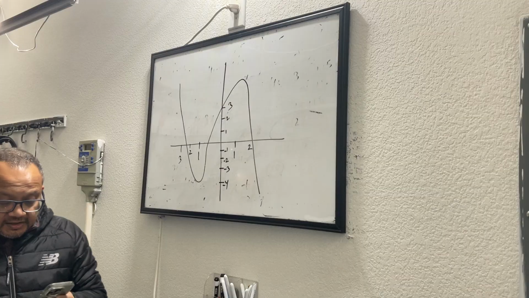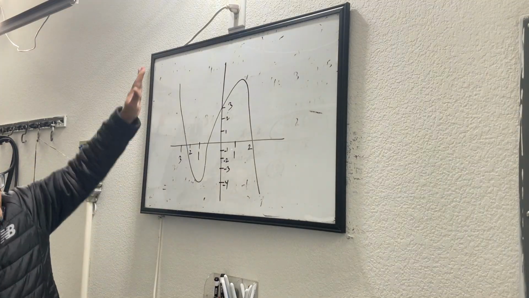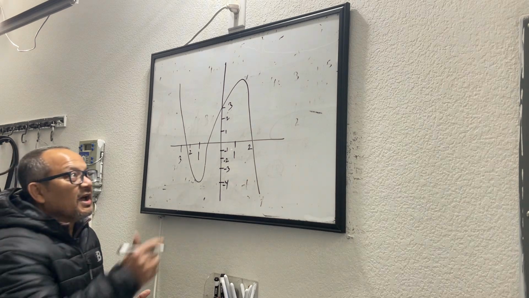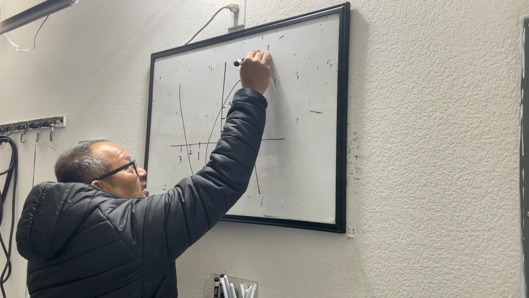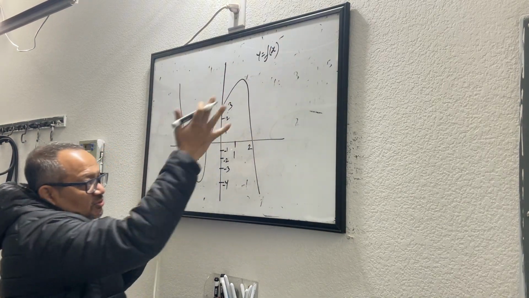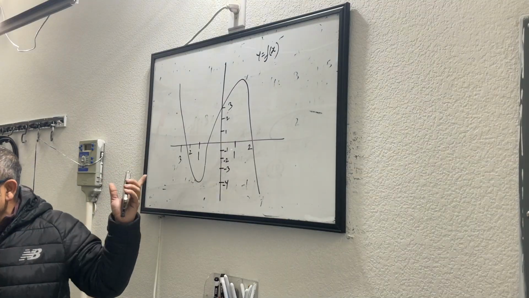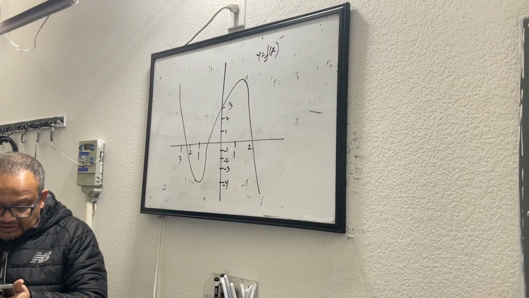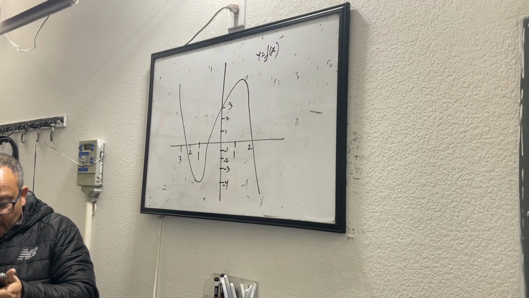Now, this graph is a polynomial graph. So you had a polynomial function y equals f of x, and that was some polynomial which plotted this for us. Now the question says, what is the remainder?